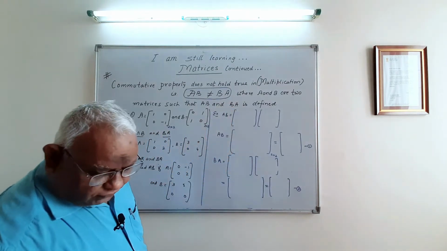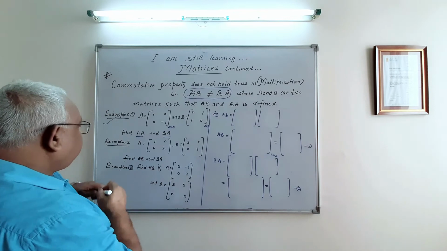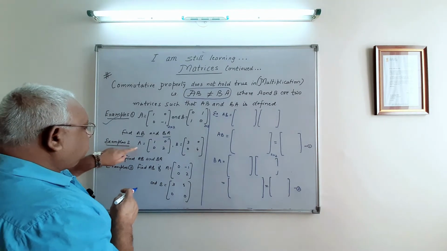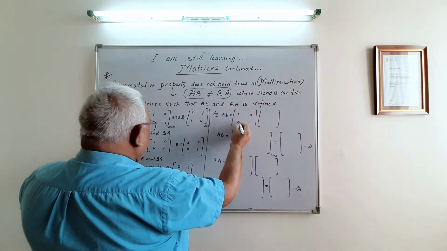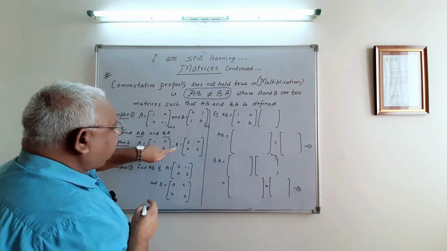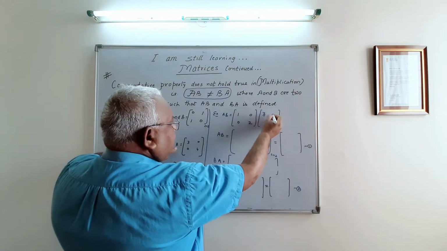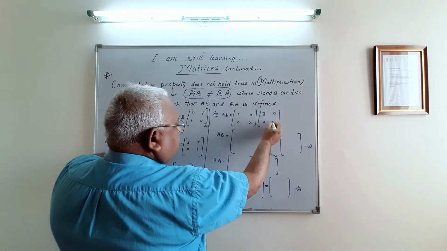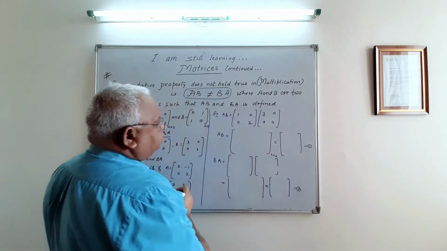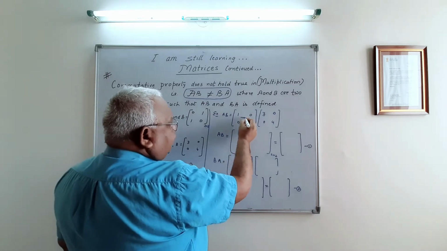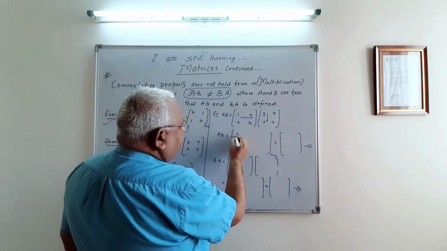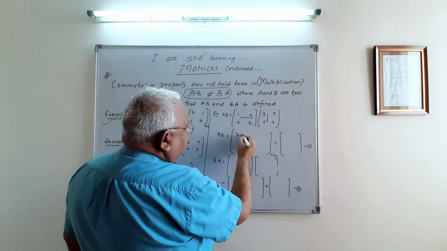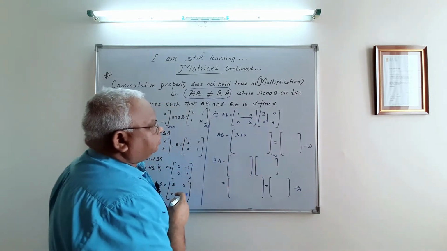And see what happens. In the second example, A is [1 0; 0 2] and B is [3 0; 0 4]. So AB is first row with the first column: 1 into 3 is 3, plus 0 into 0 is 0.